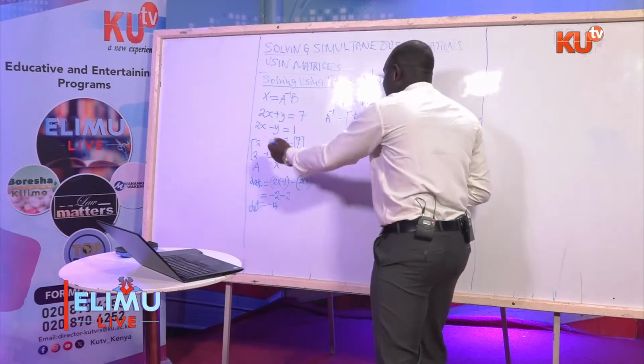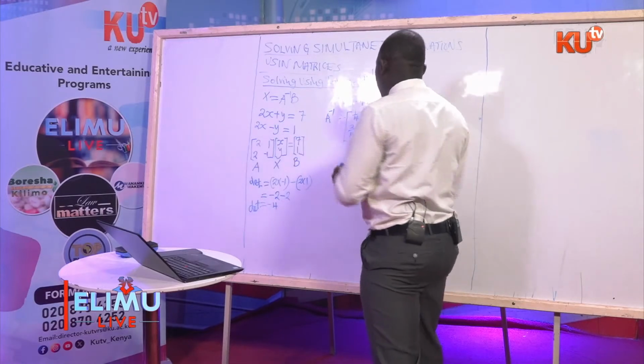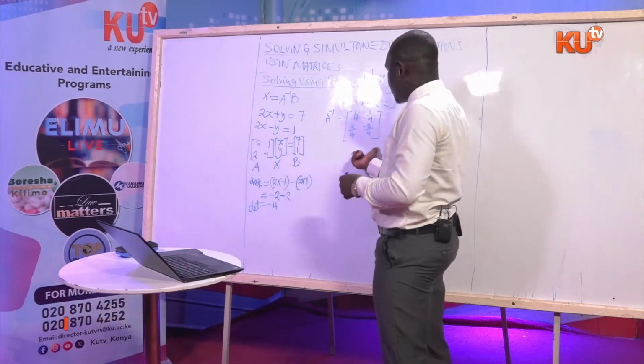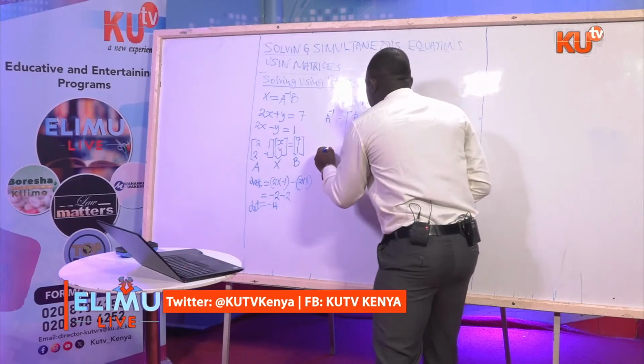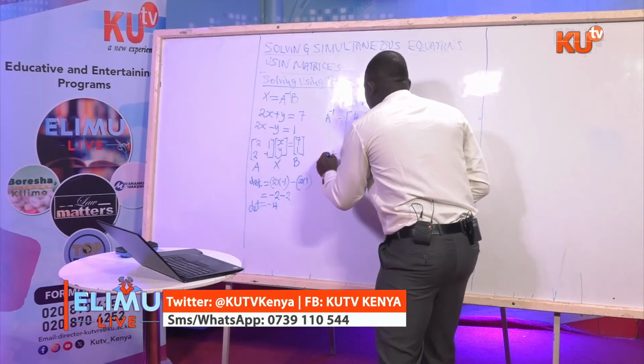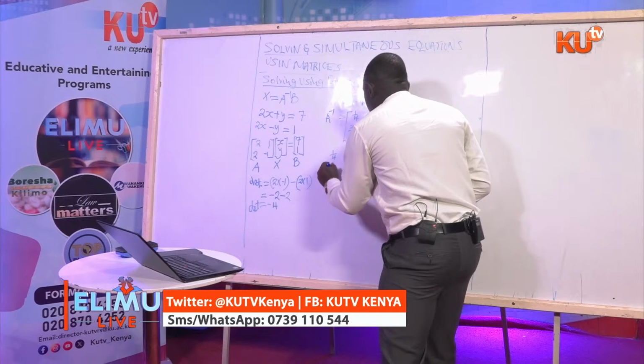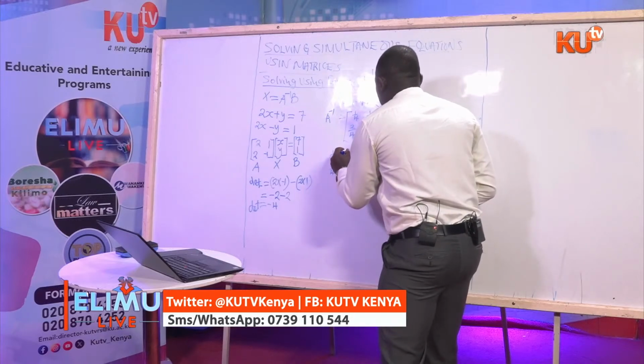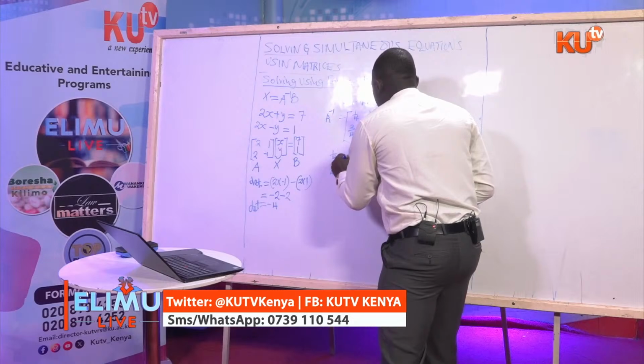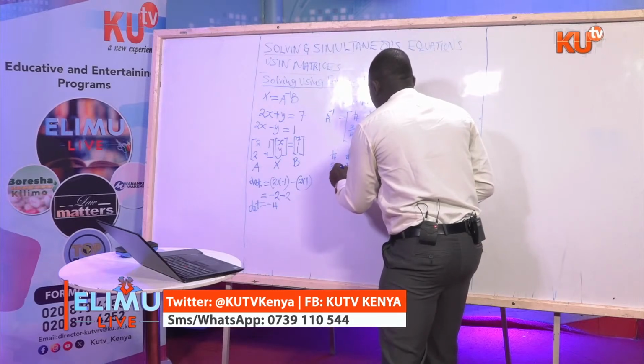So on the left hand side, instead of starting with this matrix A, I'm first going to start with my inverse of the matrix. That is 1/4, 2/4. Then on the next column we have 1/4, -2/4.